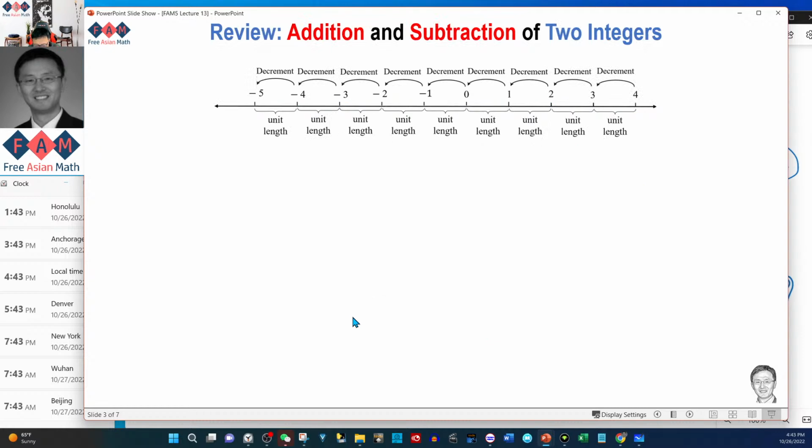And based on those concepts, we were able to define addition and subtraction of any given two integers. Remember, we achieved this through two steps.